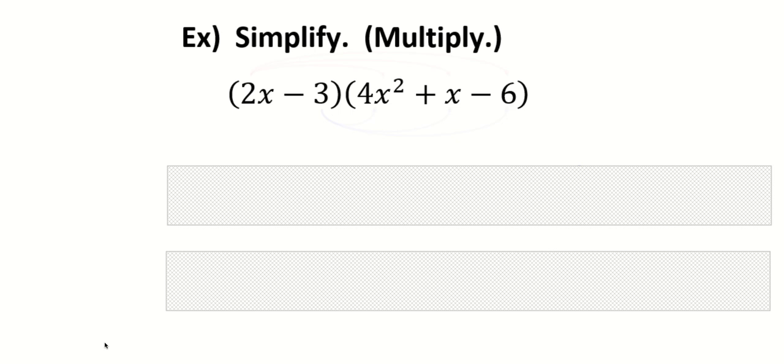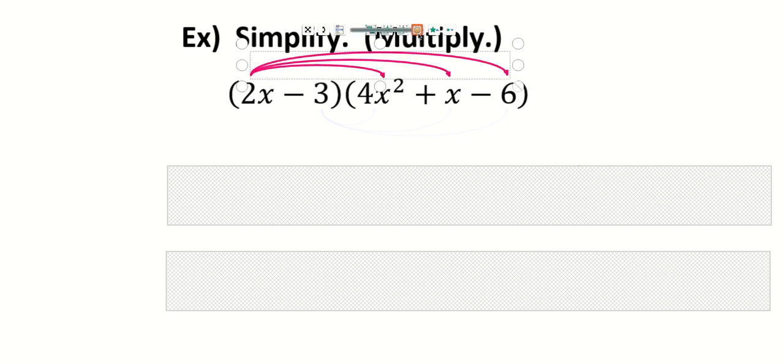Next, and again, pause if you need to, but this last example actually takes it up a notch, because this is not a binomial times another binomial. This right here is, you guessed it, a trinomial. So, I mean, again, it's not just the -3 that's out in front here that's going to get distributed. It's also the 2x. So that's exactly what we're going to do.